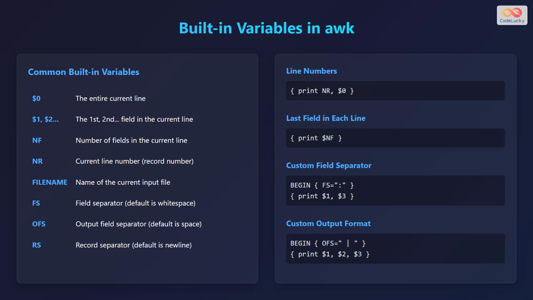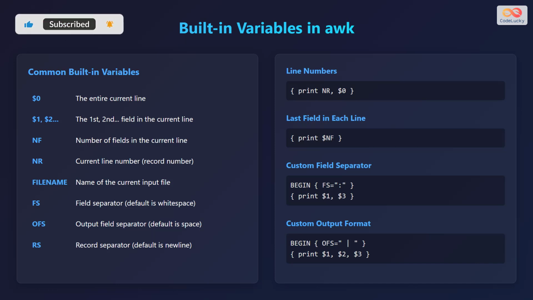Awk provides several built-in variables that make text processing easier. Some of the most commonly used ones are shown here. $0 represents the entire current line. $1, $2, and so on represent the first field, second field, and so on in the current line. NF is the number of fields in the current line.